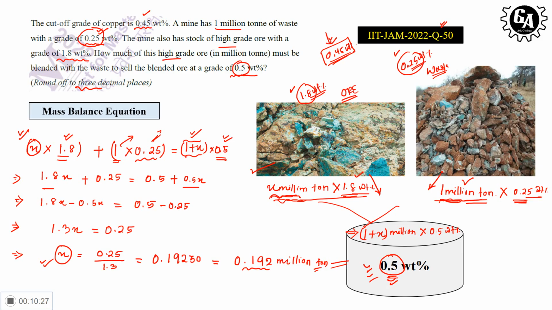This x is the volume, or the million ton, of high grade ore. Then this is the answer: 0.192 million ton of the high grade ore should be blended with the 1 million ton of waste of 0.25 grade to make a blended ore having a grade of 0.5 weight percentage. So see the answer, this is 0.192.